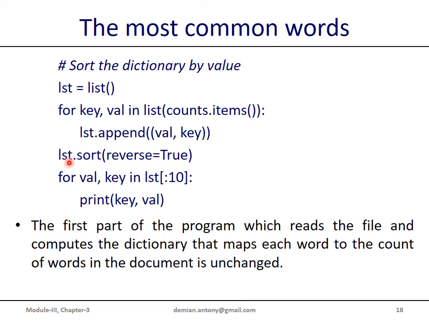Upon sorting, we print the words, nothing but the key, and its frequency of occurrence for the first 10. So here you can write 10, which means you get 0 to 9, 10 elements, printed with this for statement with the key followed by value.